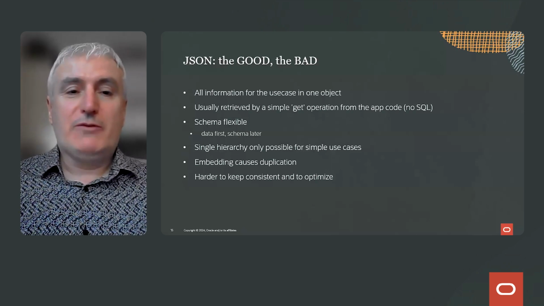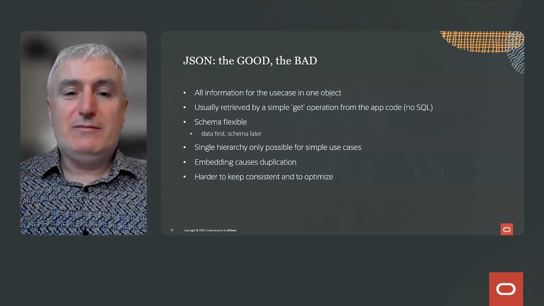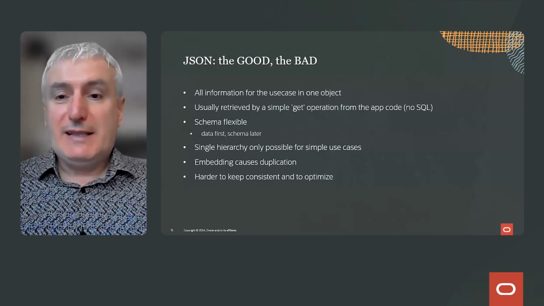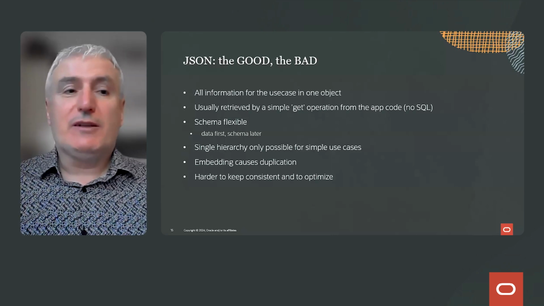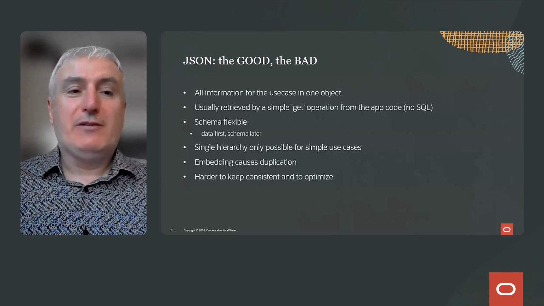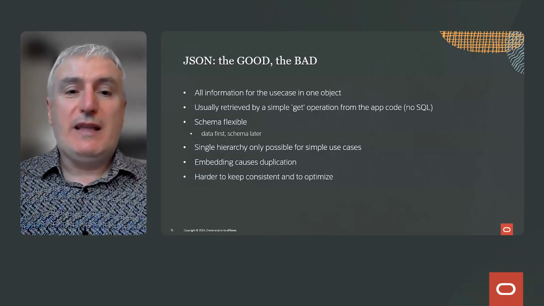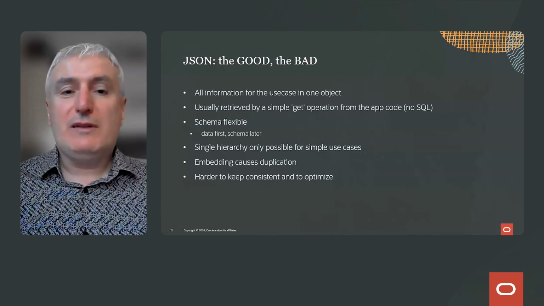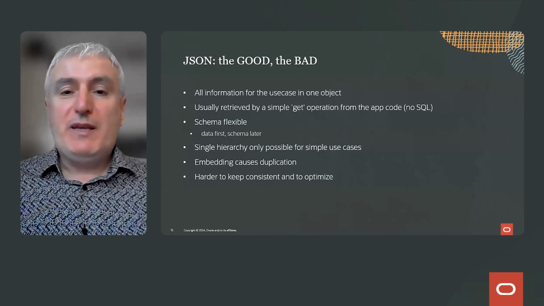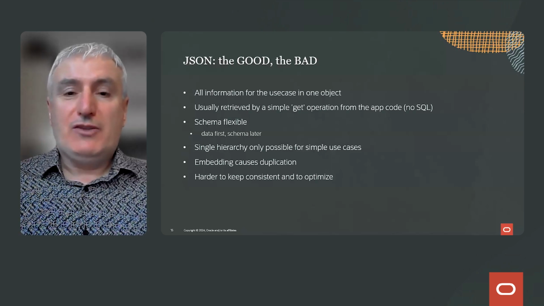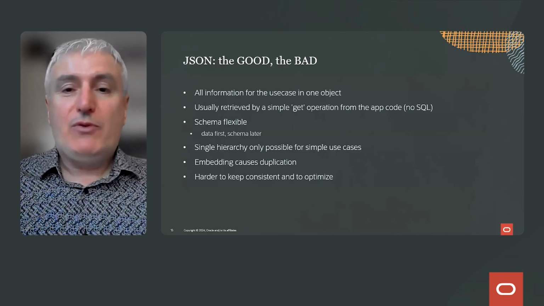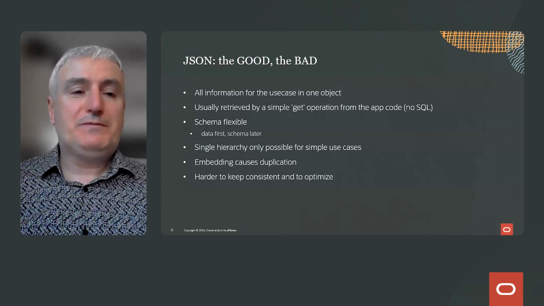However, the relational model is not ideal as an access format for applications. Why? Since applications process data in terms of hierarchical objects that require skills and effort to map to rows and columns, which means you need to write joins, you need to write subqueries, and so on and so on.